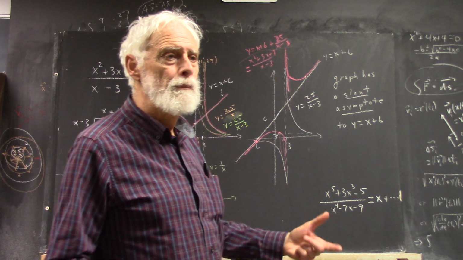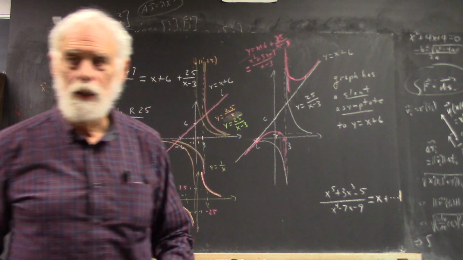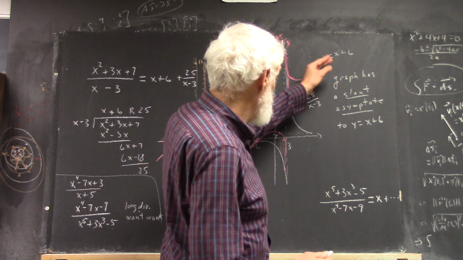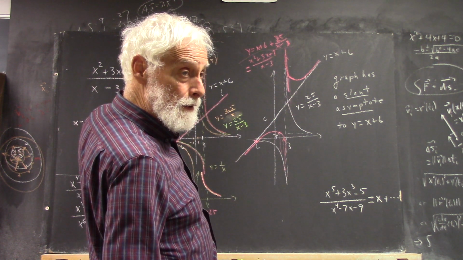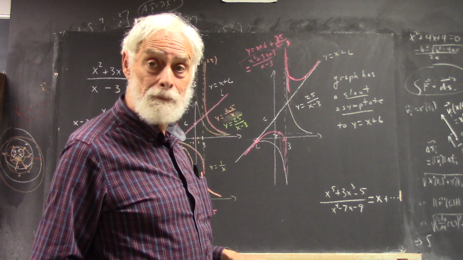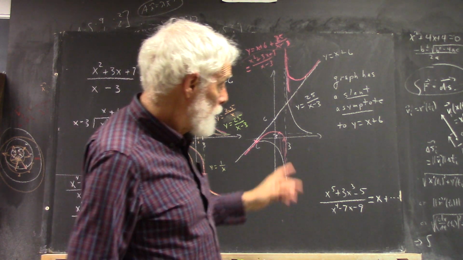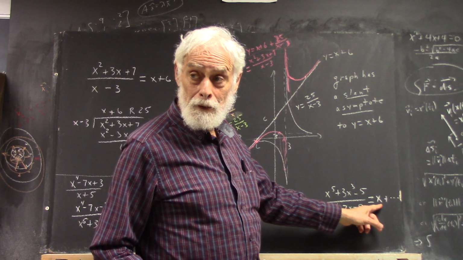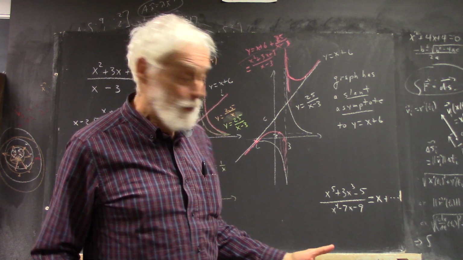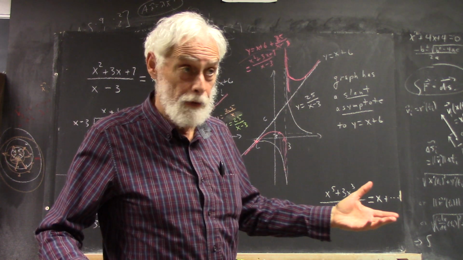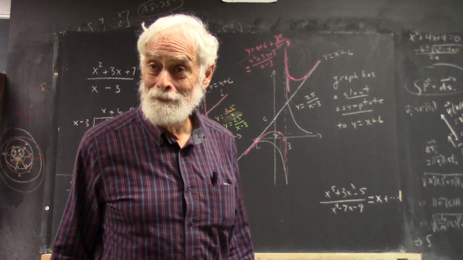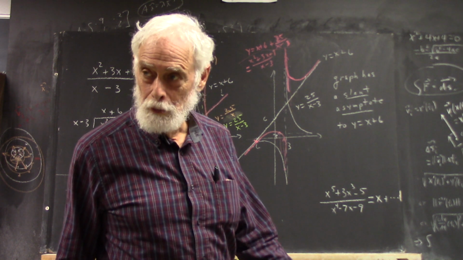Okay, so what's the condition? When you look at this, how are you going to decide whether you're going to get a linear, a slant asymptote, a linear function plus something like this? The highest power you get here has to be x, right? So how would you look at this and determine whether the highest power is going to be x? Well, you just think of dividing this one into this one and it tells you, right? But we can also come up with a rule that totally obscures any reasoning. And since you're probably going to see the rule, I'll tell you.